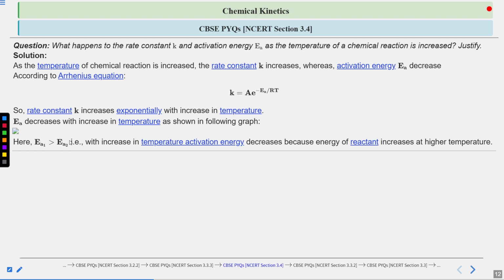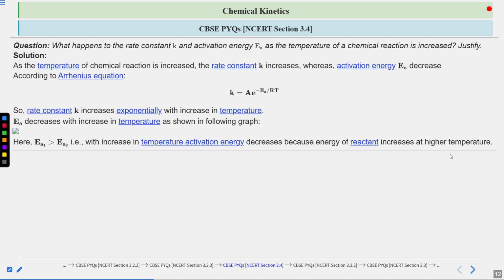This is basically the Arrhenius graph attached here, depicting the effect of temperature on the activation energy of the reaction. From that we conclude that reaction temperature affects the activation energy: if the temperature increases, the activation energy decreases, because the reactant increases its own energy at higher temperature.